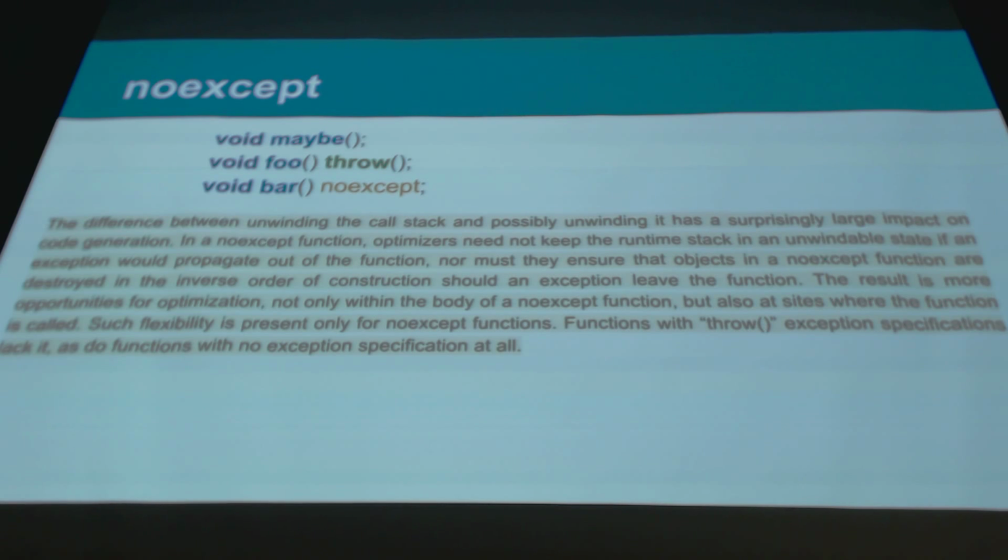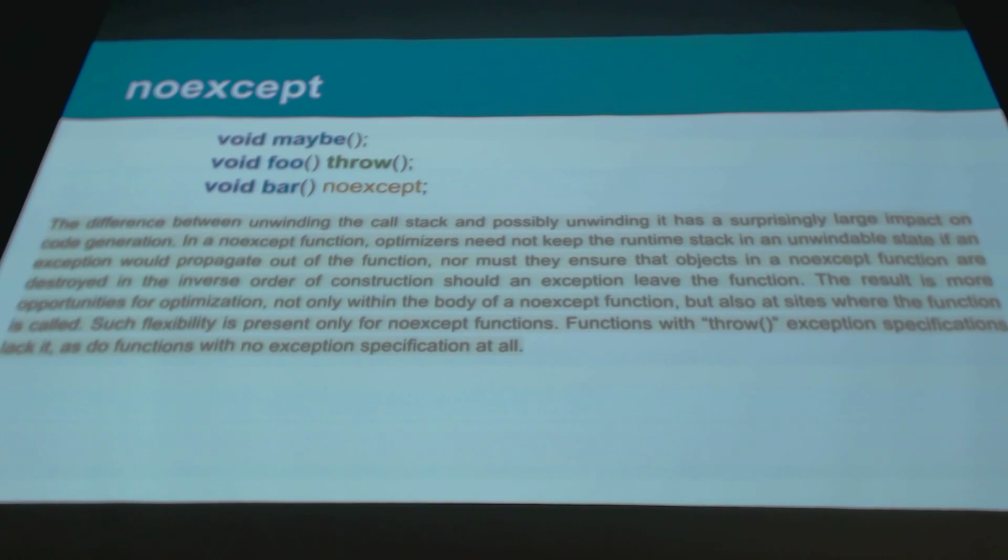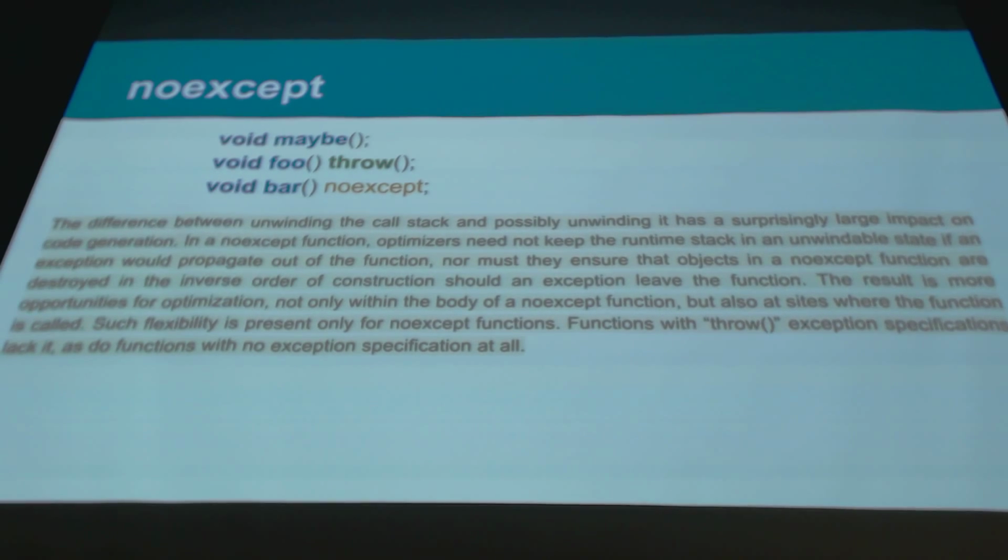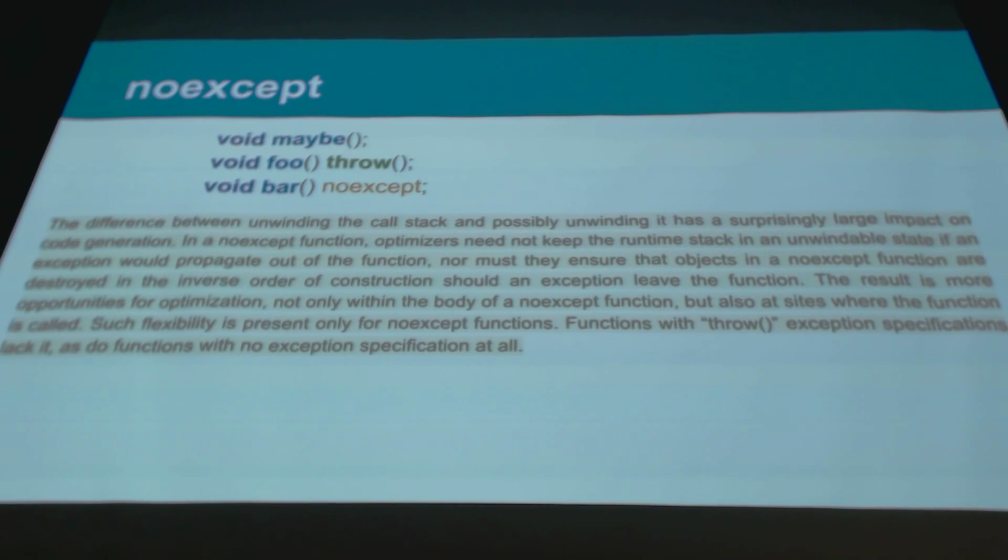Okay, and you would ask, does it make any difference to unwind the stack and to not unwind the stack? And I would say no, it doesn't. It may make a small difference, because the compiler will not generate the code that does all this stuff, so our code will be a little bit smaller, but it's not a huge difference, and we don't care about noexcept because of this reason.